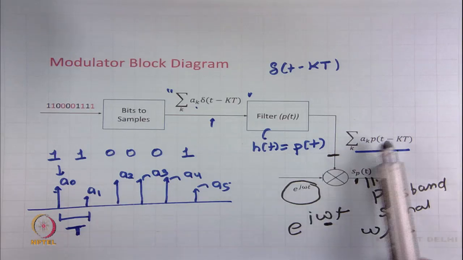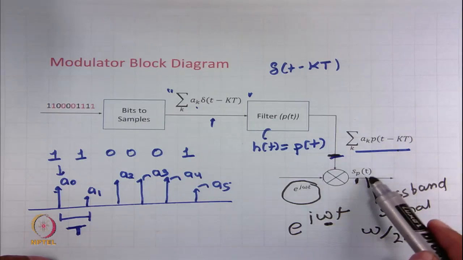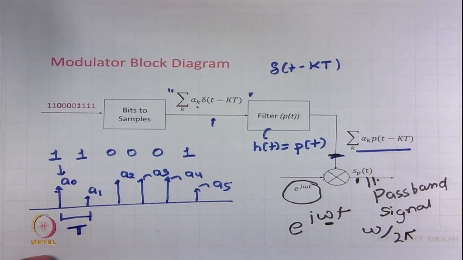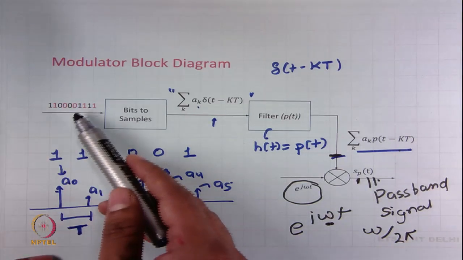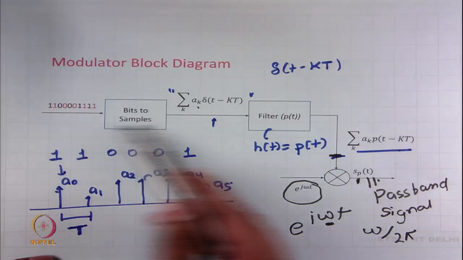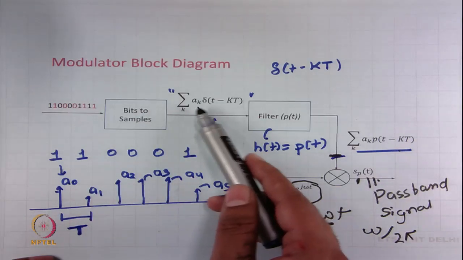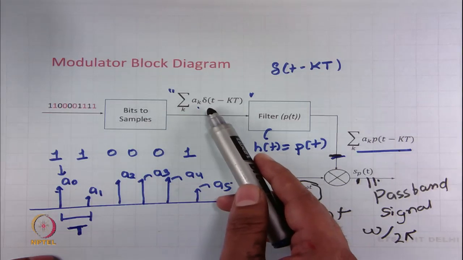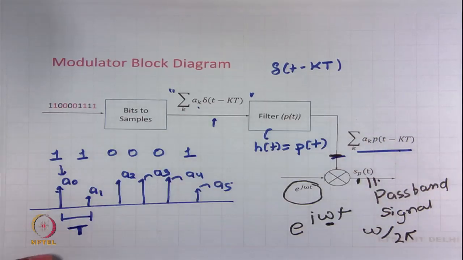Up to now we have clearly understood the relationship between this baseband signal and this passband signal, and from today onwards we will be trying to investigate what happens when you convert a binary sequence to these samples and how the modulator is impacted by the impulse response of this filter.